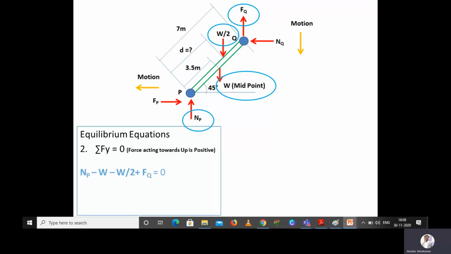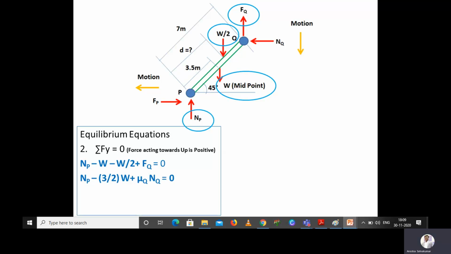Now we are writing the equation. Np will be positive, Fq will be positive, and W and W by 2 will be negative according to our assumption. So Np minus W minus W by 2 plus Fq is equal to 0. Rewriting this, we get Np minus 3 by 2 W plus Fq, which we can write as mu Q into Nq, as F is equal to mu into N, where mu is the coefficient of friction and N is the normal reaction.